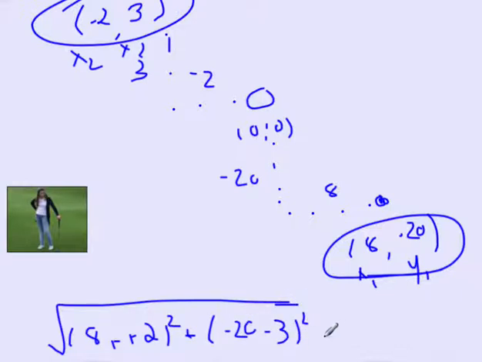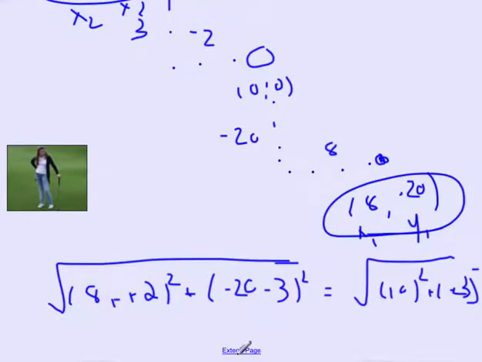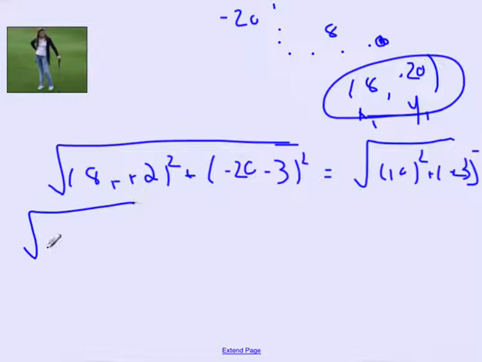So then you end up getting the square root of 10 squared plus a negative 23 squared. Now remember, whenever you square a negative number, it becomes positive. So I get the square root of 100 plus 529, which is equal to the square root of 629.